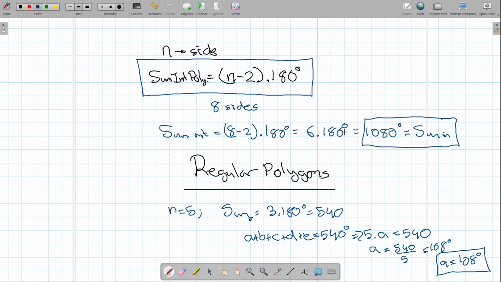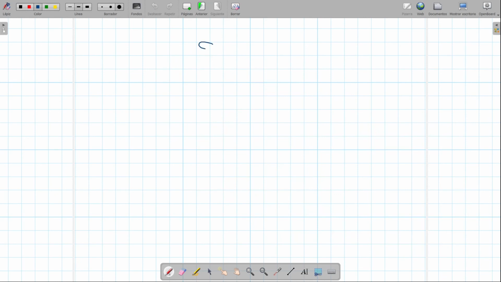For example, if they gave us that the sum of the interior angles of any polygon was 1080, we just had to say that n minus 2 times 180 equals 1080. For example, our exercise says that the sum of the interior angles is 1080. We know that for any polygon it is this.